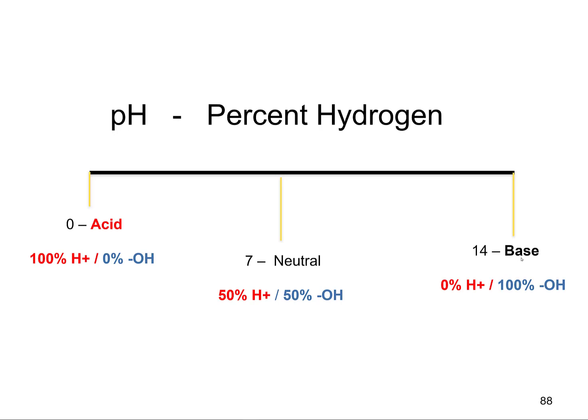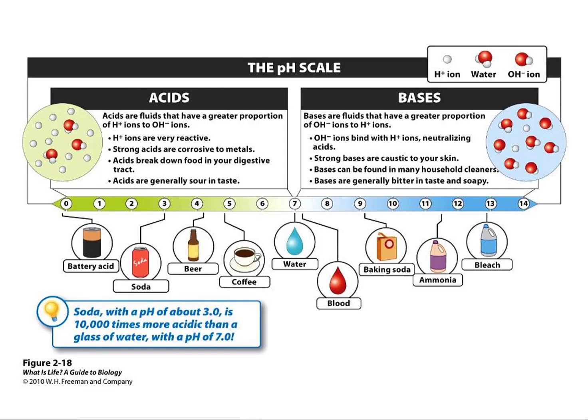The corollary to that at the base, if we have 14, which is way at the end of the scale, we have 0% hydrogen and 100% of the hydroxide ion. If you look just at the red part here, you can see 100% is acid, 0% hydrogen is base, and that's why I like to look at it as a percent of hydrogen.